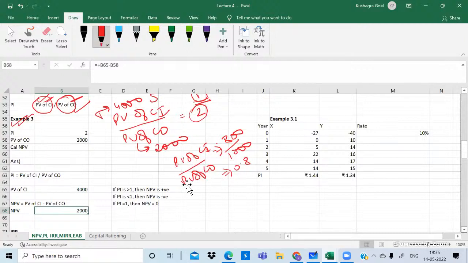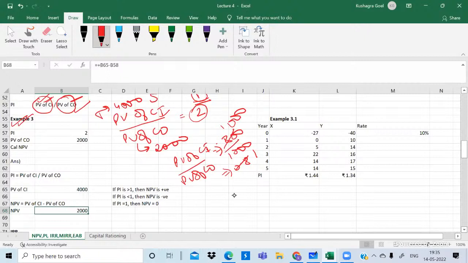Present value of inflow minus present value of outflow, which means it will be 800 minus 1000, which means your NPV will be negative. And if profitability index is 1, which means your numerator and denominator are the same, so let's say this is also 1000, denominator is also 1000, you get a profitability index of 1. So what will be your NPV? Inflow minus outflow, that's 1000 minus 1000. You get an NPV of 0. So that's the relationship between profitability index and NPV.